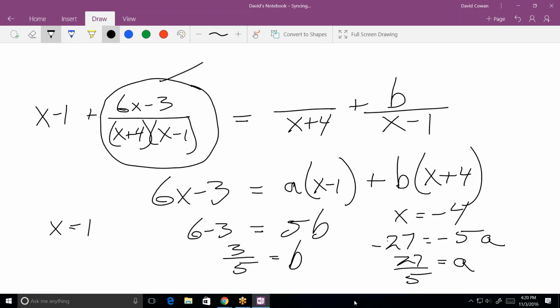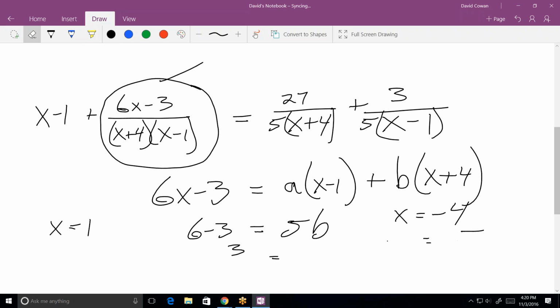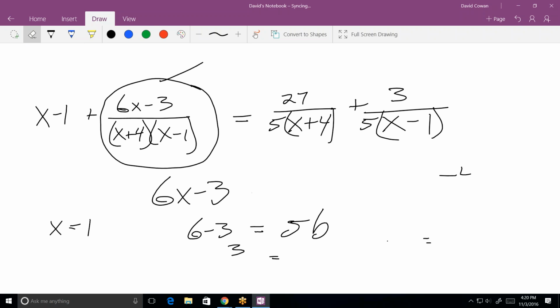So let's see. If A is 27/5, then that's 27/5 over x plus 4, like that. Got it? And if B is 3/5, then it's 3/5 over x minus 1.